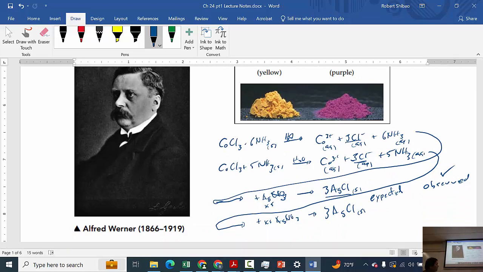But for the penta, we expected 3, but only observed 2. So no matter how many times this was repeated, only 2 moles of silver chloride would precipitate for every mole of cobalt-3 chloride, penta ammonia.